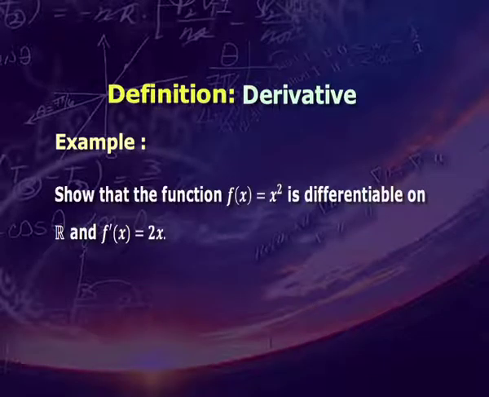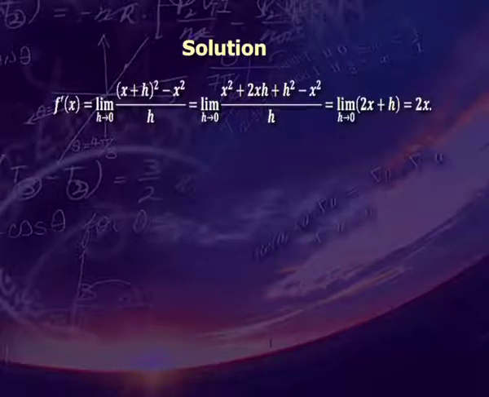Example: show that the function f(x) = x^2 is differentiable on R and f'(x) = 2x. Solution: here f'(x) is equal to the limit of ((x+h)^2 - x^2)/h as h goes to 0, which is equal to the limit of (x^2 + 2xh + h^2 - x^2)/h as h goes to 0, which is again equal to the limit of (2x + h) as h goes to 0, which is equal to 2x.